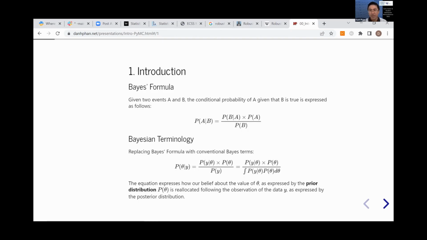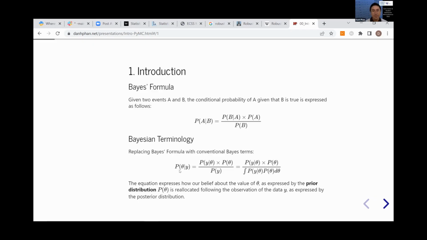Recently we have MCMC, Markov chain Monte Carlo sampling for that. Anyway, the idea is we have our prior on the parameter, and after we've seen the data, we update our parameters. So we have this posterior distribution of the theta parameter given the data we see.